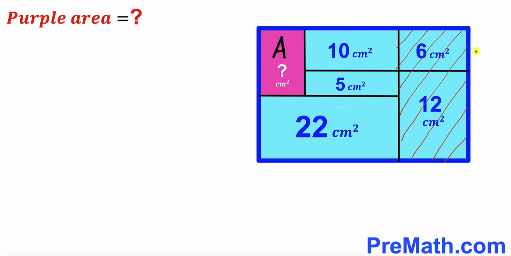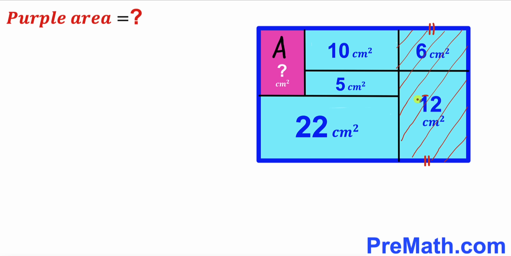Let's focus on these two right hand side rectangles. We can see their width is identical for both of them. In other words, this width is the same as this width. So there has got to be a relationship between these other sides.